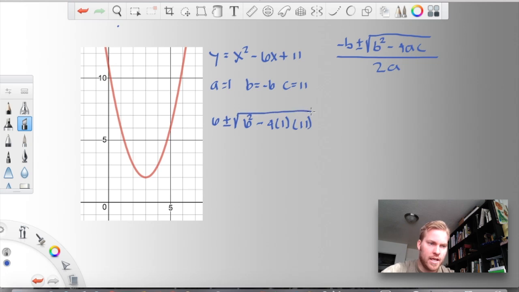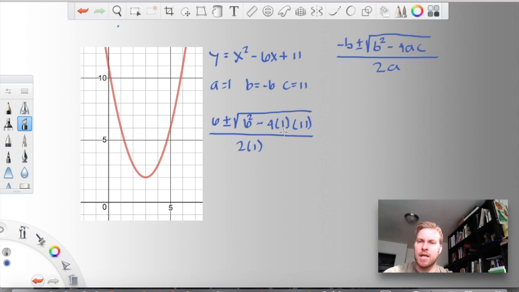And that whole thing is going to be divided by 2a. And my a value again was 1. Okay, and we can start simplifying this and figure out our solutions pretty easily.